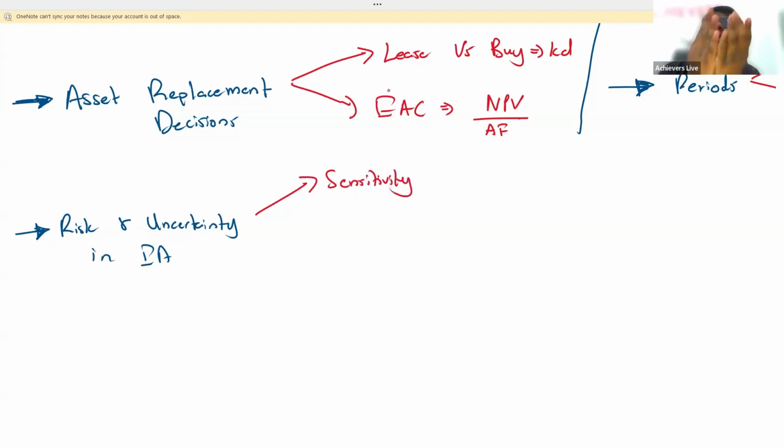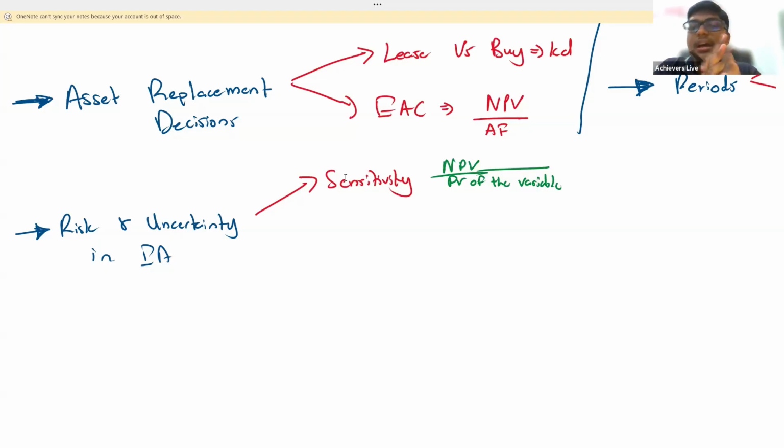So what is sensitivity analysis? Sensitivity analysis looks at how much a variable should change in order for us to reverse our decision. How do you calculate sensitivity? NPV divided by the present value of the variable. Okay, that is sensitivity.